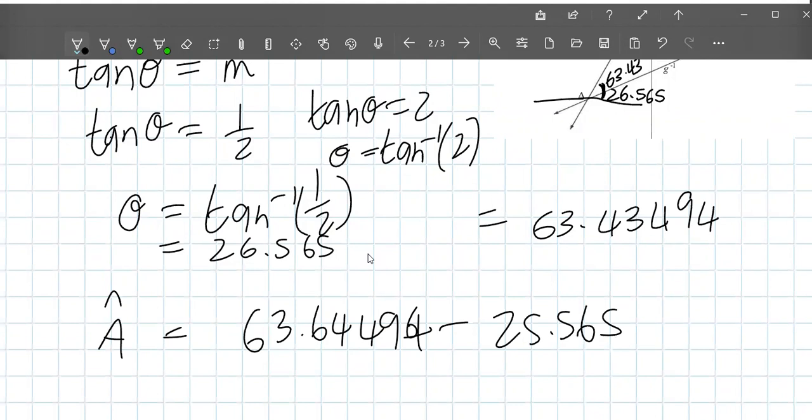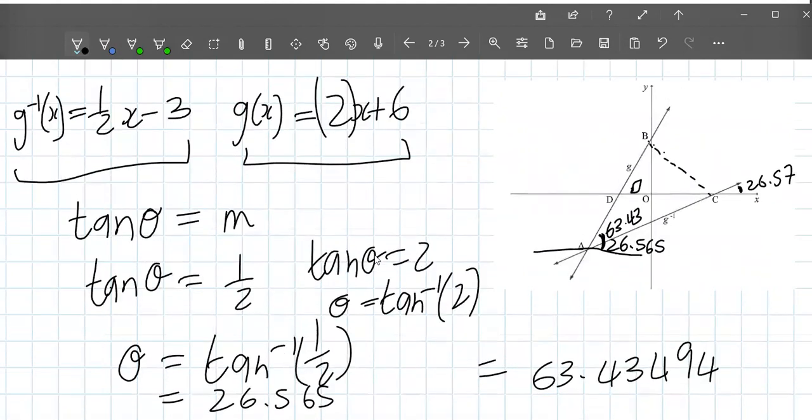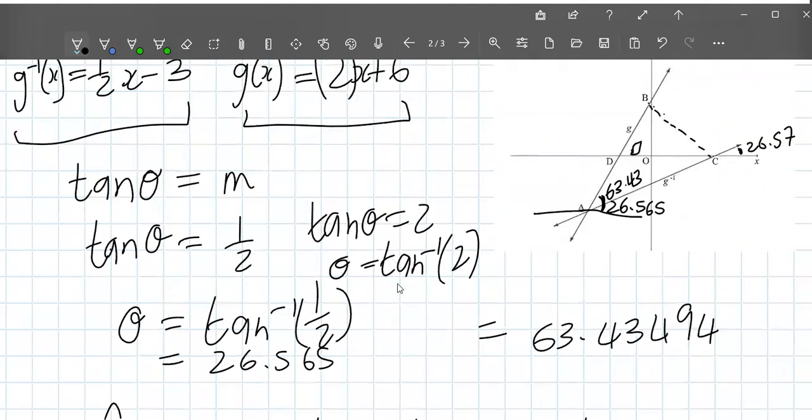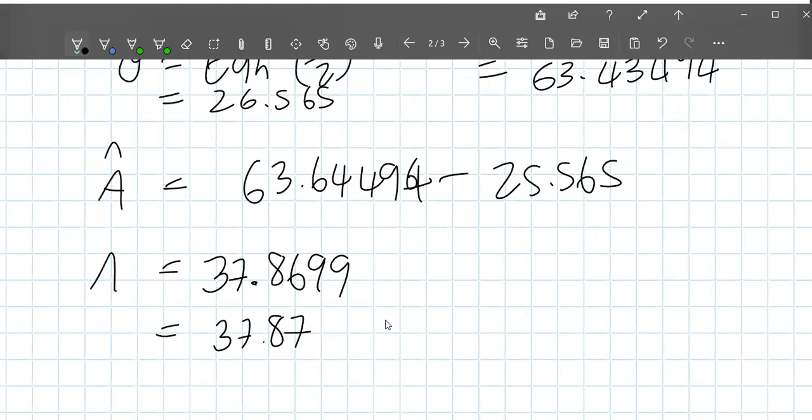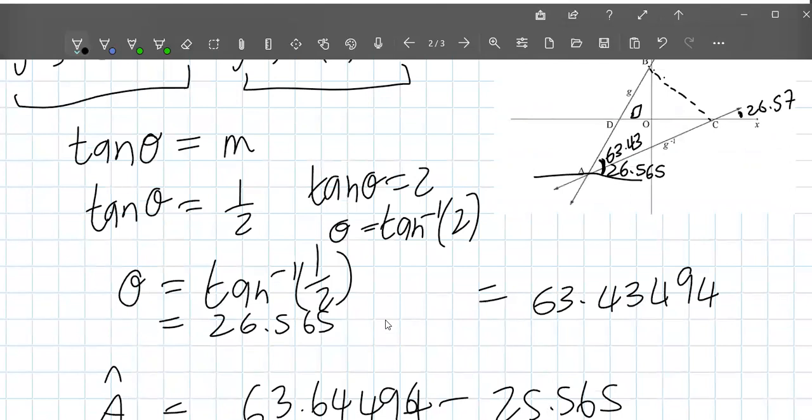I'm just checking that this would give us the same answer. 63.43 minus 26.565 is 36.87, which is equal to angle A. Just for interest's sake, so now we have our angle A.